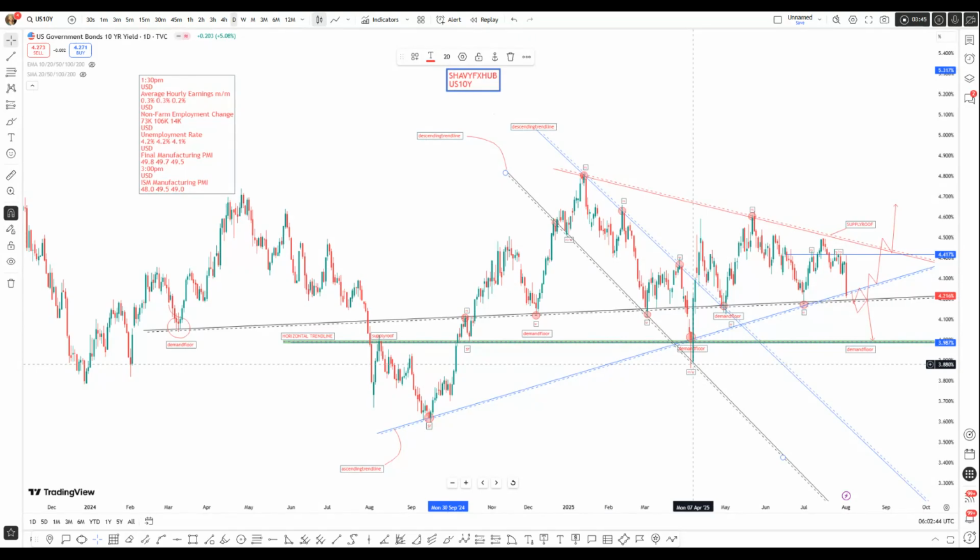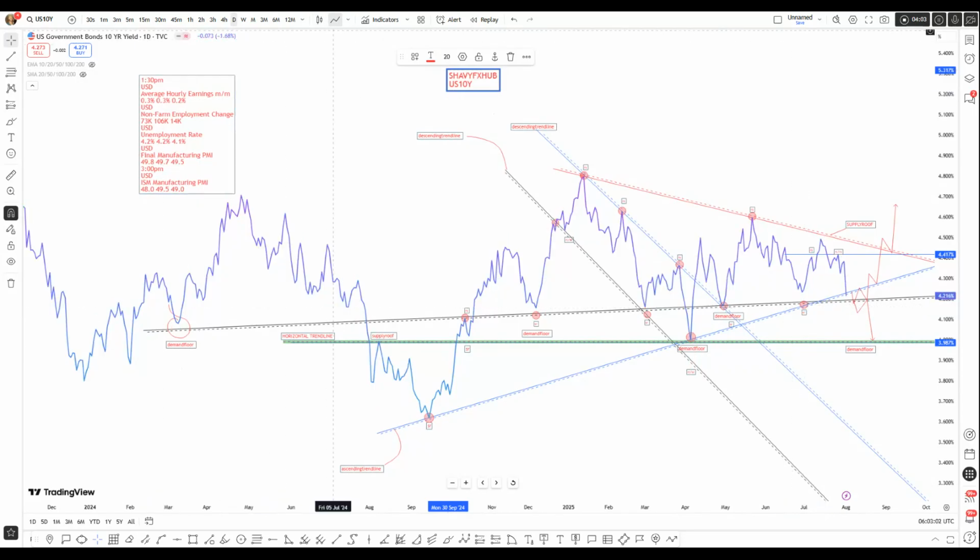Then from there we recovered and moved up, and technically we are holding this level at 3.987 for another buy opportunity. But at the moment, we see that price has created a strong ascending trend line on the daily candle close.